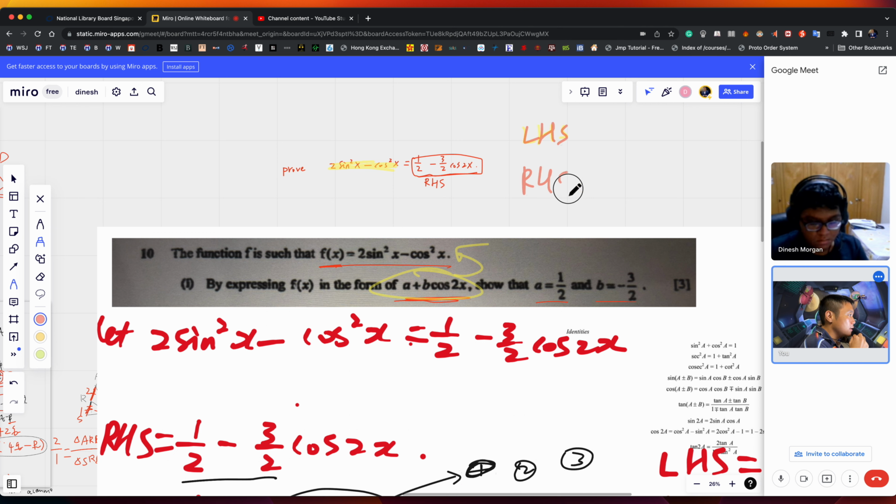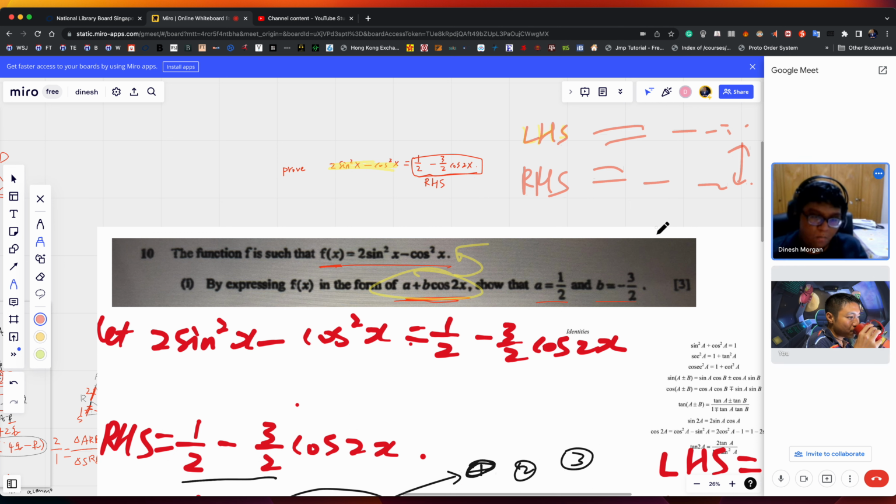And if you can prove that they meet along the way, then you just work backward. So it's easier to get marks, or easier to solve this kind of question, than trying to change one side to match the other side.